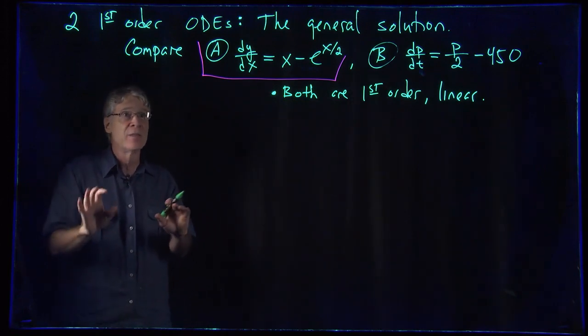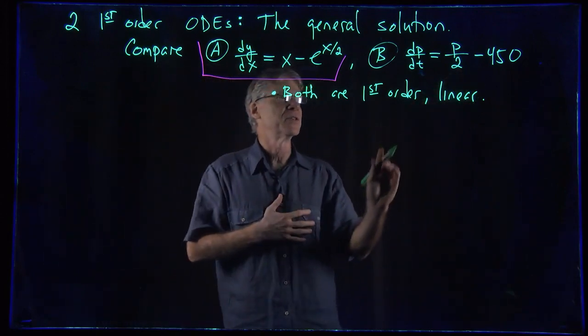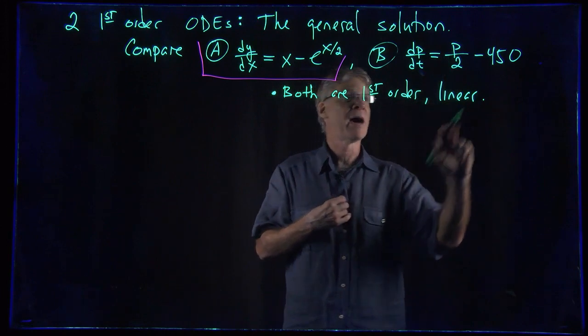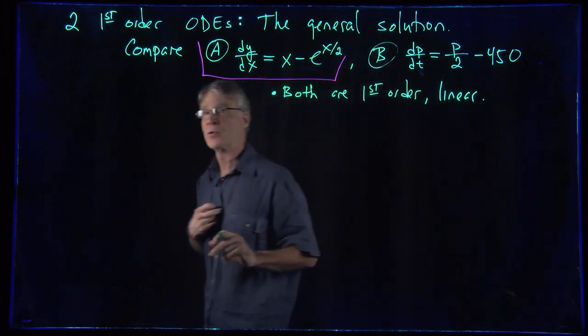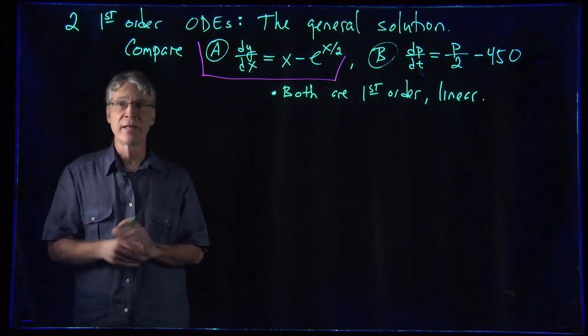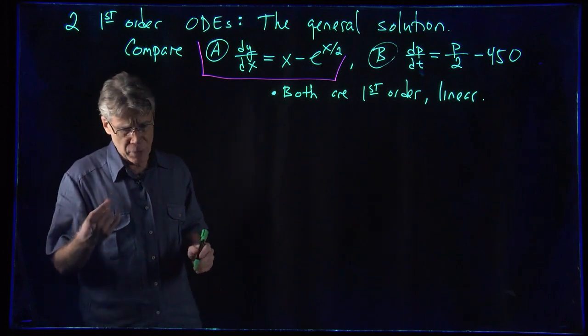That's nonlinear, but this is still linear as a differential equation. This one is a little easier to see. The coefficient in front of dp/dt is 1. The coefficient in front of p is 1/2. The thing left over by itself is minus 450. So that one is also linear. Both of these are first order differential equations, and they're both linear.